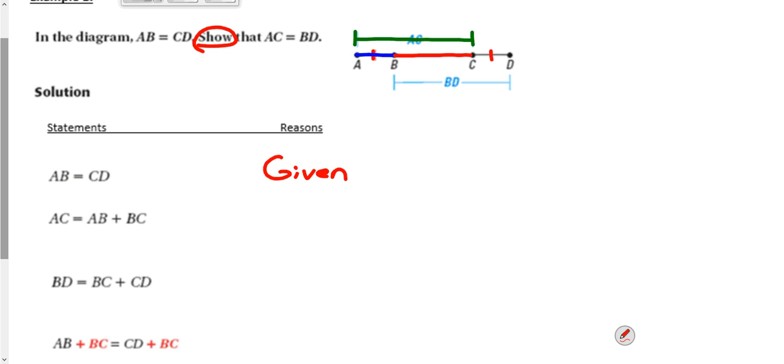Whenever we know we have two smaller line segments adding together to get a bigger line segment, what is that called? That is the segment addition postulate.